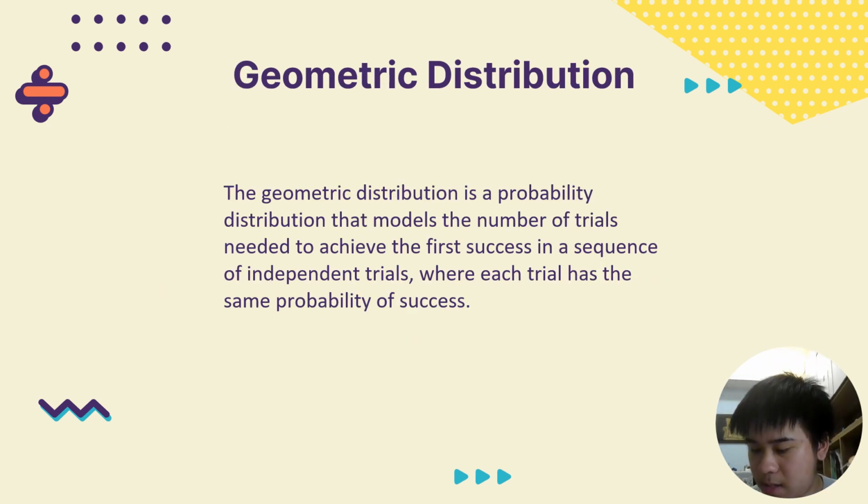All right. Last but not least, we have the geometric distribution. Basically, to be simple, the geometric distribution is a probability distribution that describes the number of trials needed to achieve the first success in a sequence of independent trials, where each trial has only two possible outcomes, like success and failure, and the probability of success remains constant across all the trials.